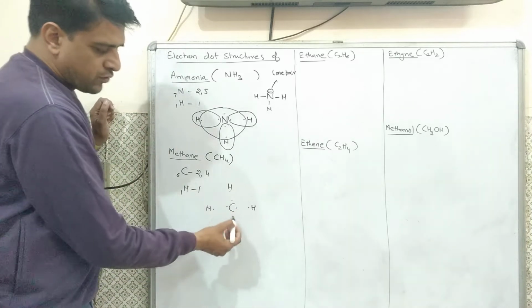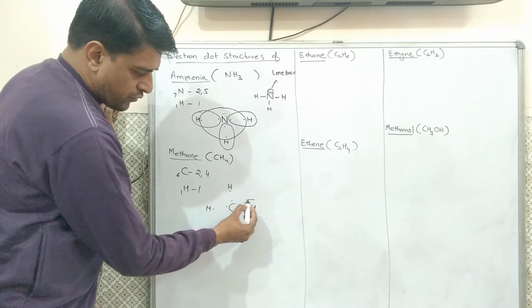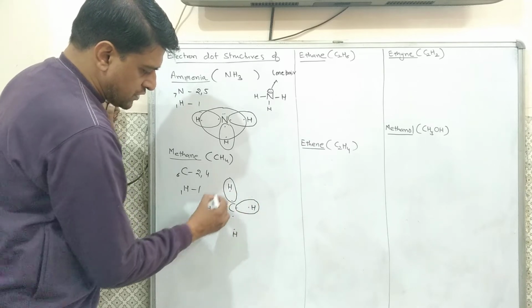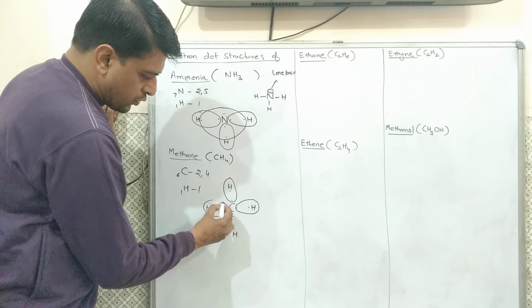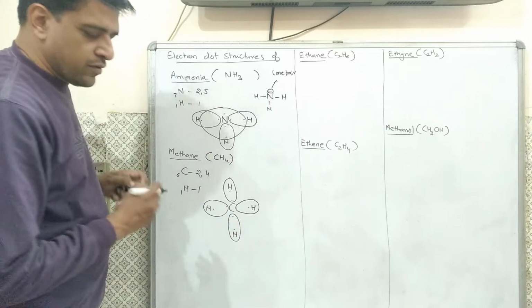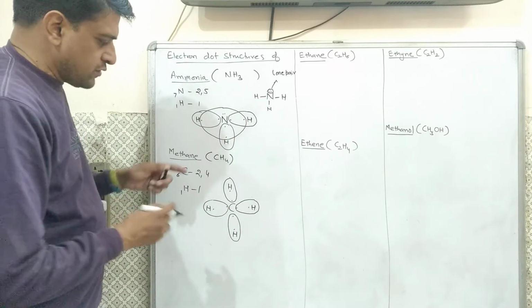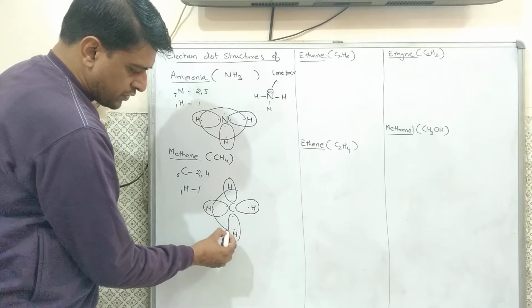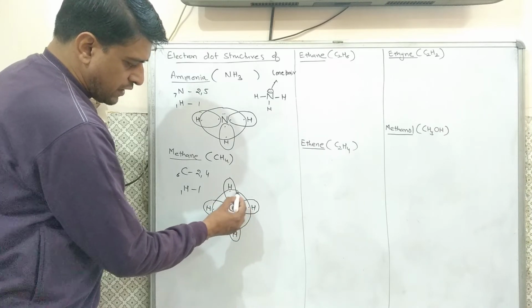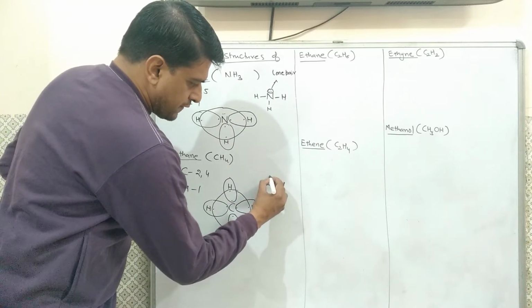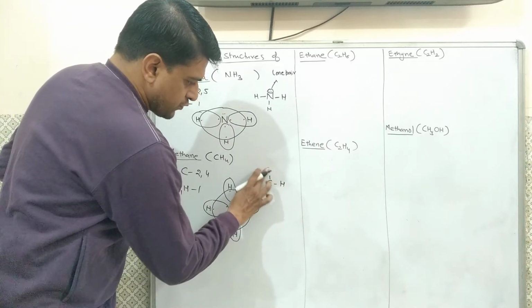Now each hydrogen will share 1 electron with carbon like this. Now each hydrogen has 2 electrons in the outermost orbit with the help of carbon. Now it's turn for carbon. It will share 1 electron from each hydrogen like this, and the final structure of methane will be CH4.